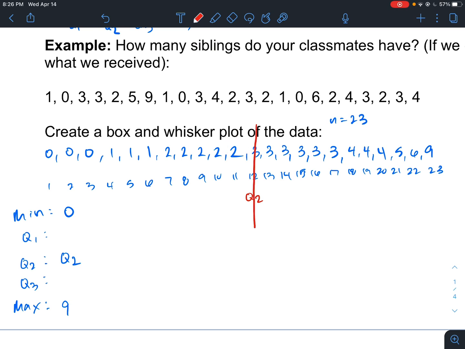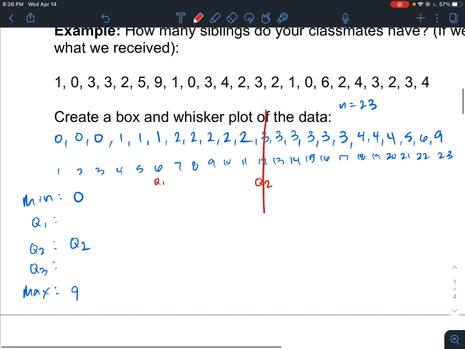So again, doing the same thing as I did before. So cross those out, cross that out. I'm trying to find the middle number here. And so the middle number will be 1. So right here, Q1 would be my middle number of the lower half of data. So that's going to be 1.